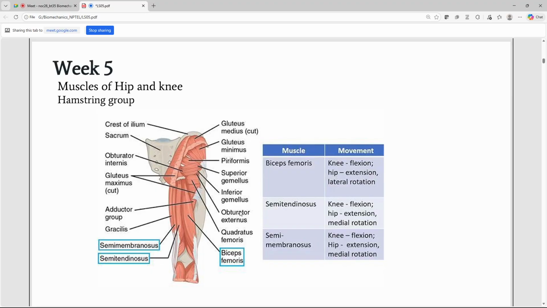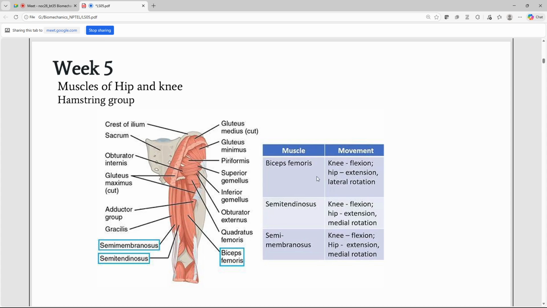The hamstring group consists of mainly three important muscles, which are semimembranosus, semitendinosus, and biceps femoris. So mostly these three muscles have more movement compared to the last six.